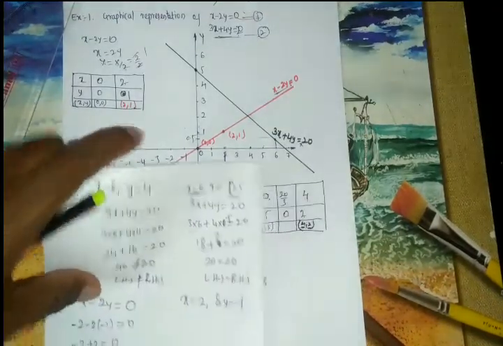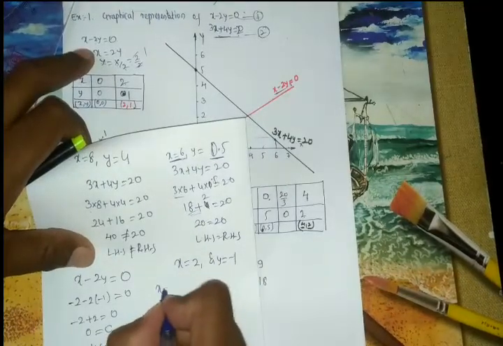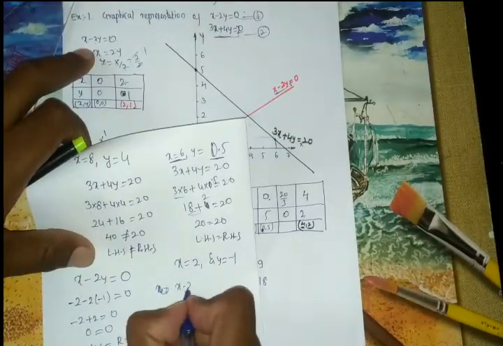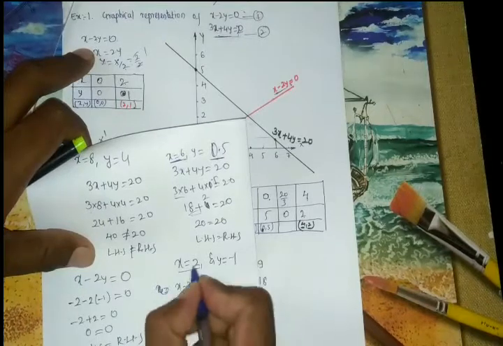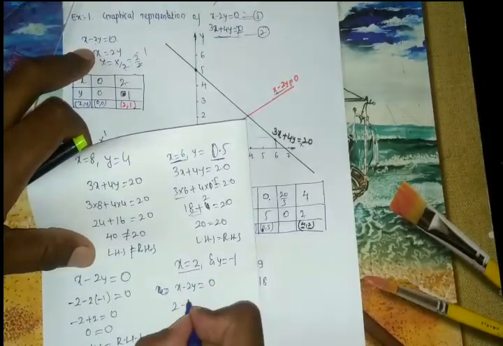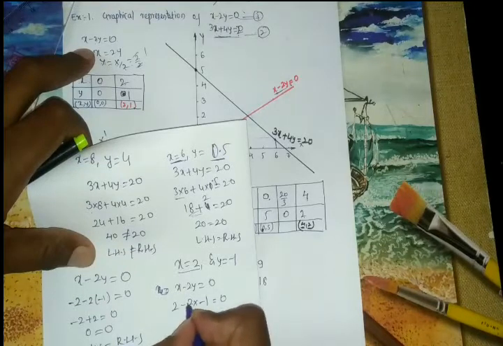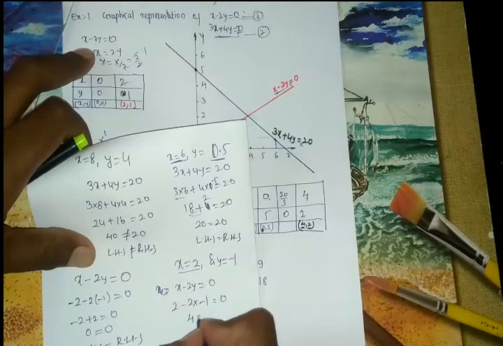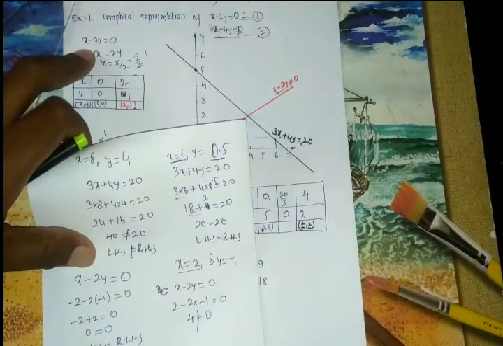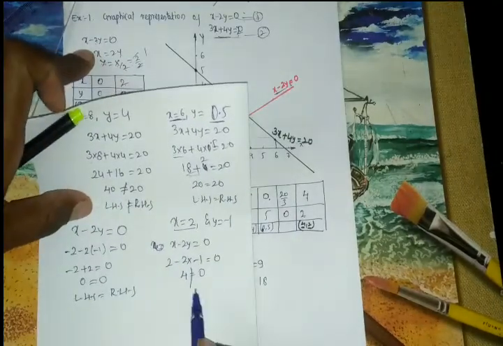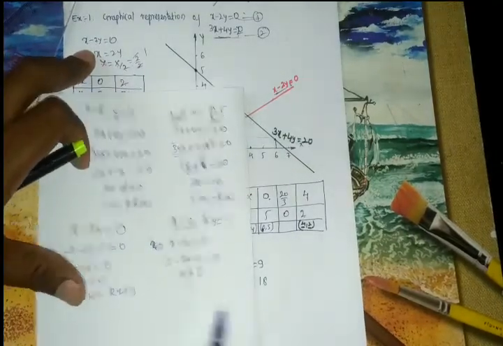What will happen? I will take the first equation, x minus 2y equals 0. Substitute x as 2, y as -1. So this will be minus into minus, so I will get 4 equals 0. LHS is not equal to RHS. 4 is not equal to 0.